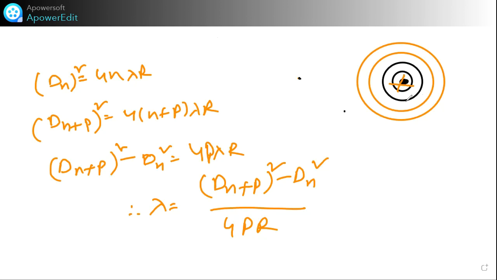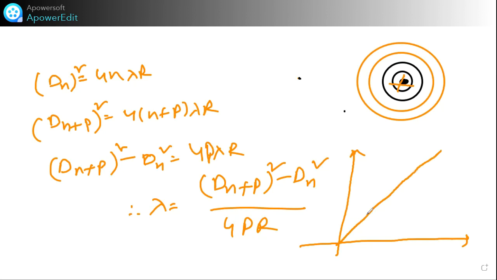So finally we will draw a graph between number of rings and the diameter square of their rings. Then we will get a straight line from the origin.